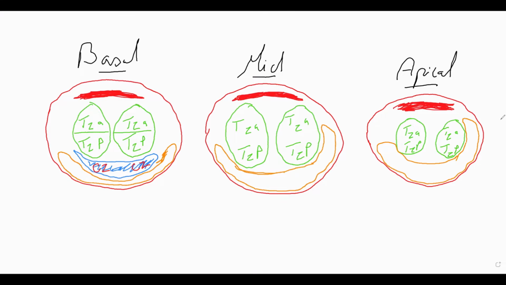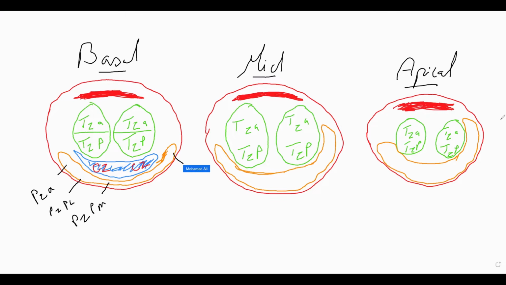Regarding the peripheral zone, we are dividing the peripheral zone into PZ anterior, and we are dividing the rest of the prostate into BZ posterior, and the BZ posterior is divided into BZ posterolateral and BZ posteromedial.